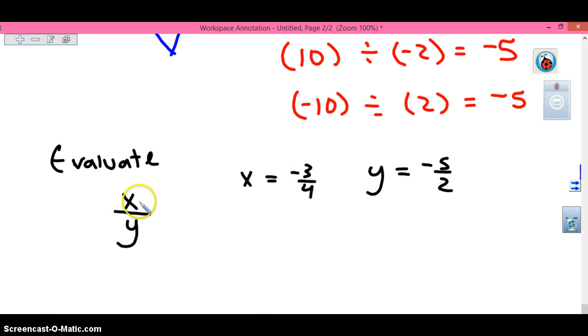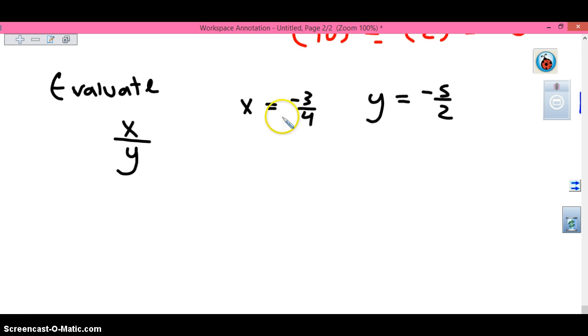If we have to evaluate x divided by y, the first thing we have to do is substitute for our variables. This means negative 3/4 divided by negative 5/2. When we're dividing fractions, what do we have to do?